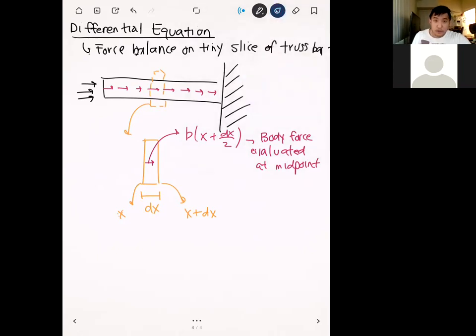And so one other force that we need to take into account here is that, since we know this from before, whenever you apply a force onto a truss bar, there are going to be some internal stresses that develop within the bar, right? You solved for that in the midterm, and we solved for that in the first part of the class. And so we need to represent that in our little tiny slice right here.